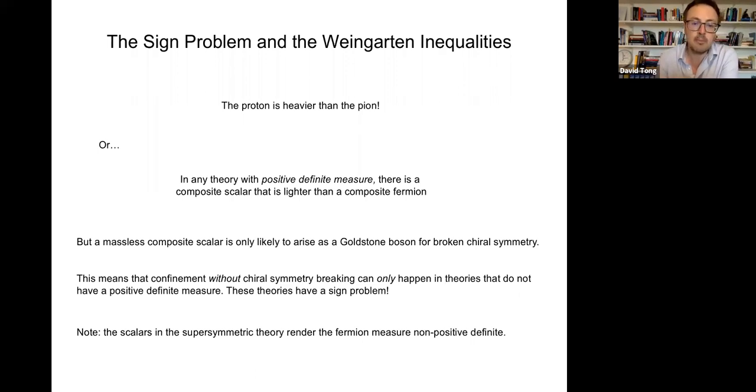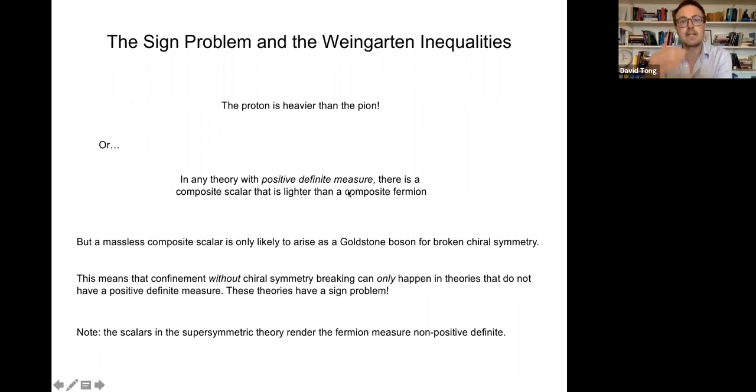If you take Weingarten's proof and you apply it to any theory with a positive definite measure, you can always show that there's a composite scalar that is lighter than the lightest composite fermion. Any theory with a positive definite measure. And here it's the pion being lighter than the proton, but it's a general result.